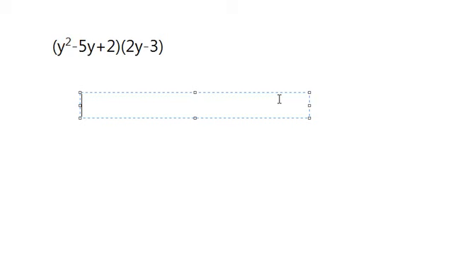So that would be 2y cubed times minus 10y squared plus 4y, minus 3y squared plus 15y, then minus 6.